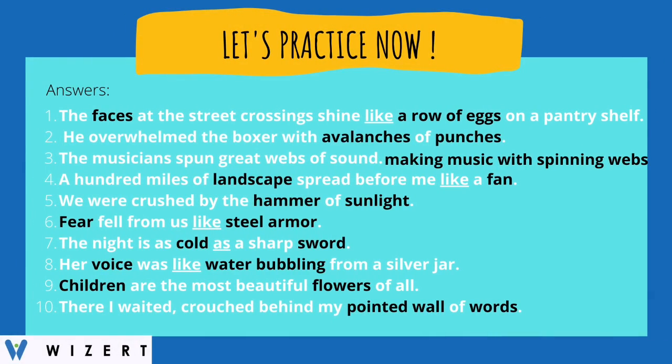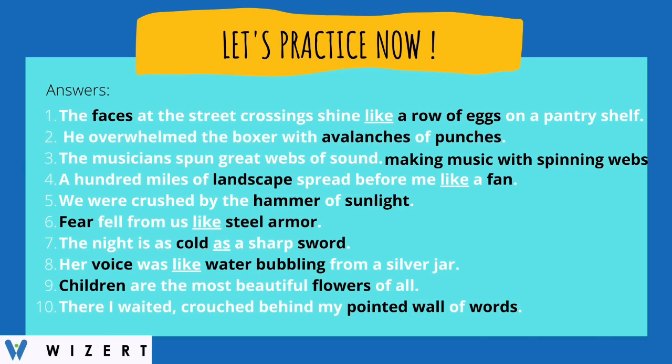Here are the answers. In the first sentence, the faces at the street crossings shine like a row of eggs on a pantry shelf. Here, the words faces and a row of eggs are compared with each other using the word like.